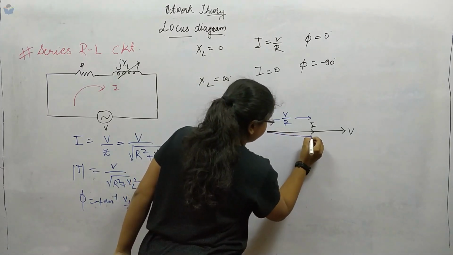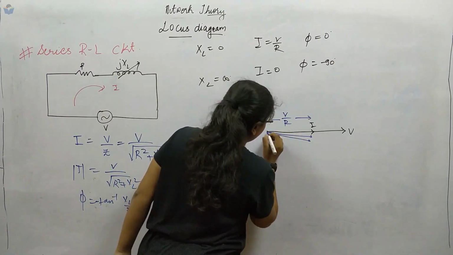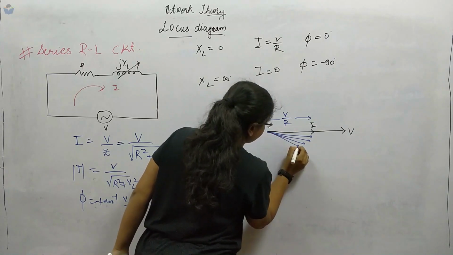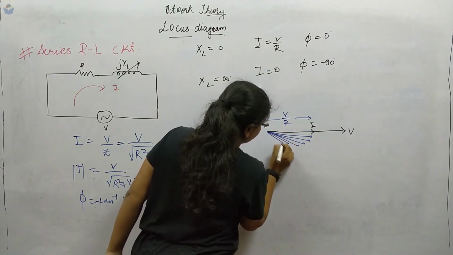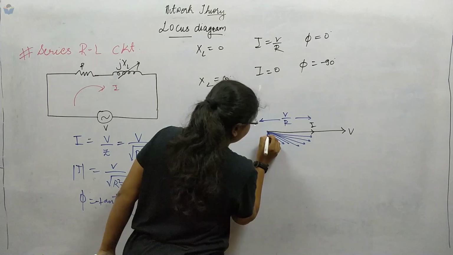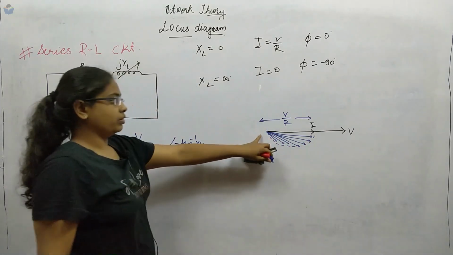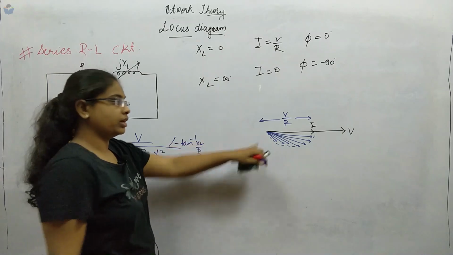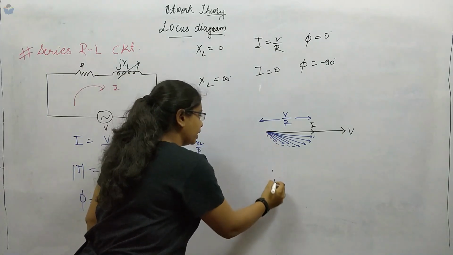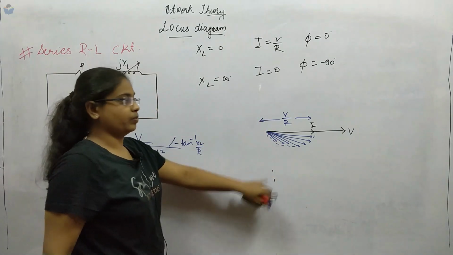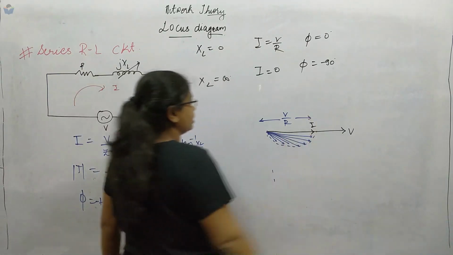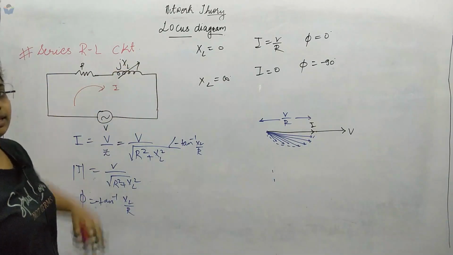So from here it will be somewhat like this, then somewhere we will get current equal to 0 and here somewhere it will be minus 90 degrees. So this is the trace of the series RL circuit when L is varying.